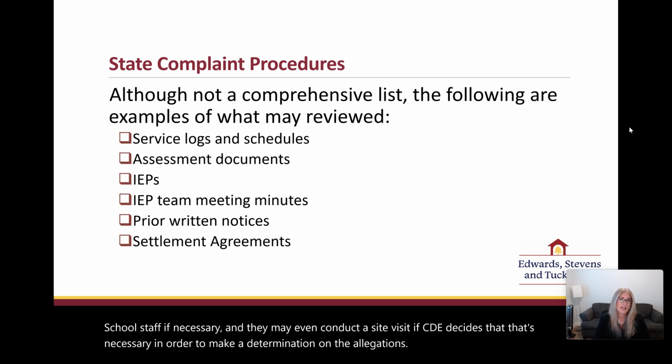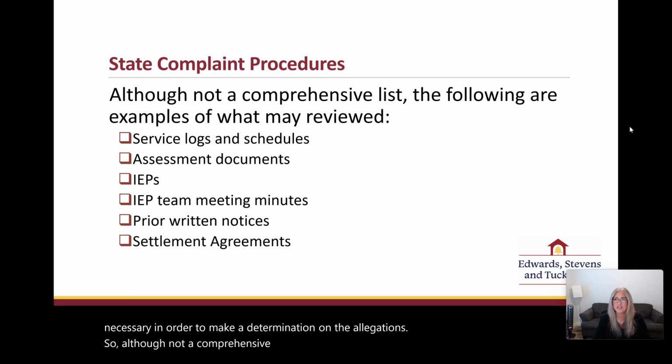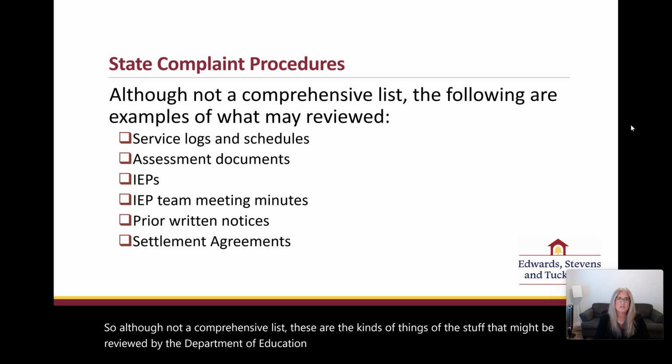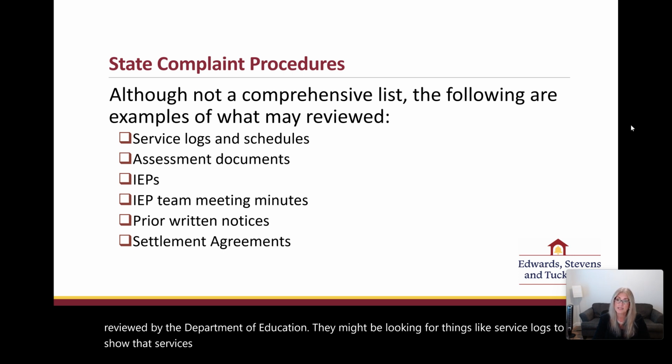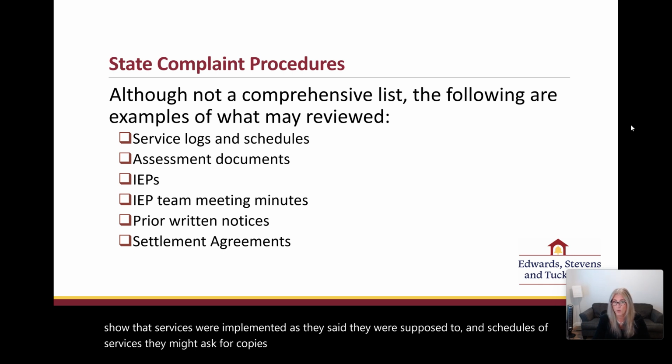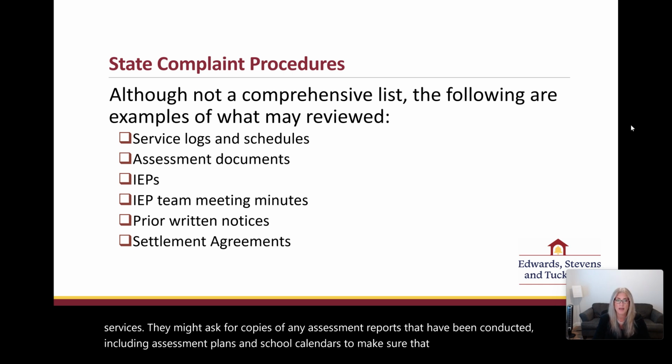Although not a comprehensive list, these are the kinds of things that might be reviewed by the Department of Education. They might be looking for things like service logs to show that services were implemented as they were supposed to be, and schedules of services. They might ask for copies of any assessment reports that have been conducted, including assessment plans and school calendars to make sure that timelines were met.